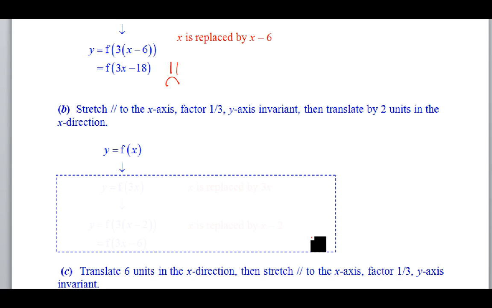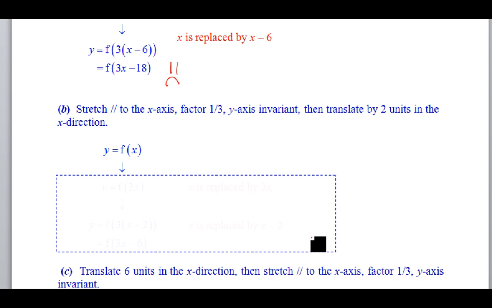Do you know how to do B now? Yes? Okay, do B on your own. If you can understand the idea behind A, then B you can do on your own. Let's stretch first. Then you realize that I don't translate by 6 units, I have to translate by 2 units. And you will get it. So must be very careful, yeah?